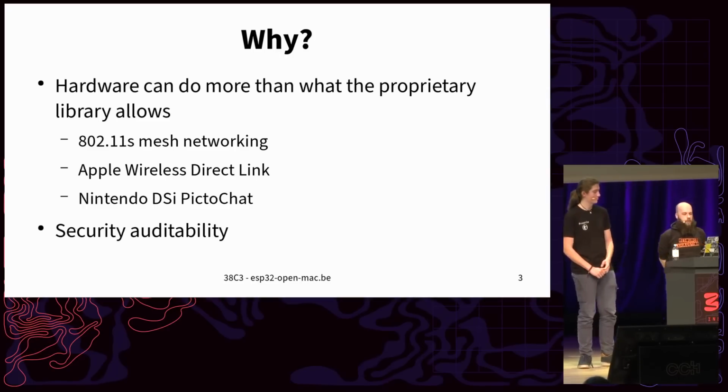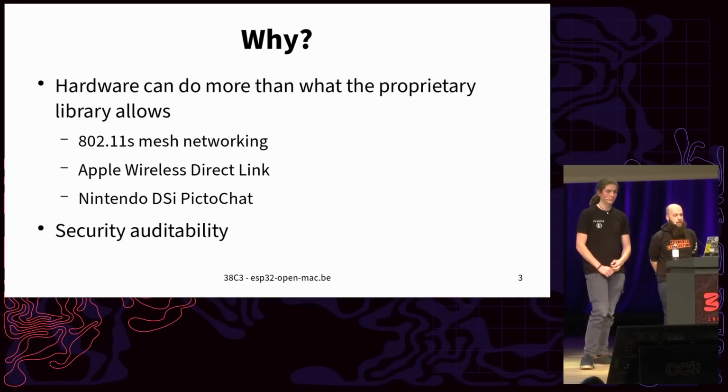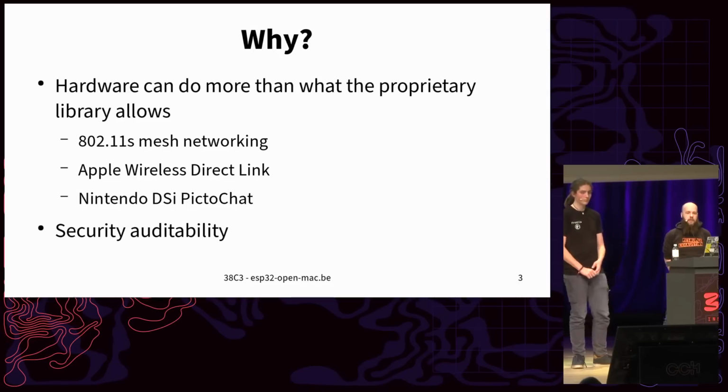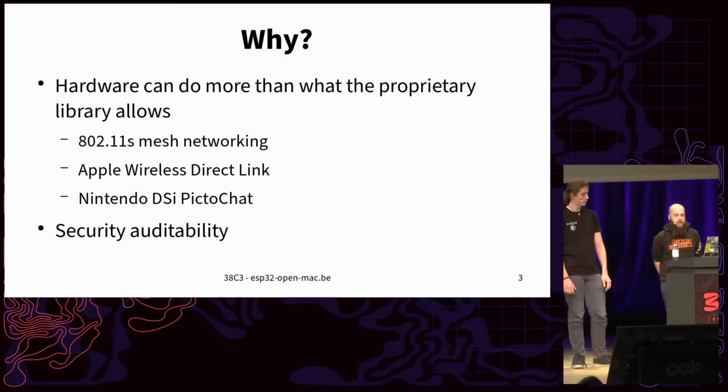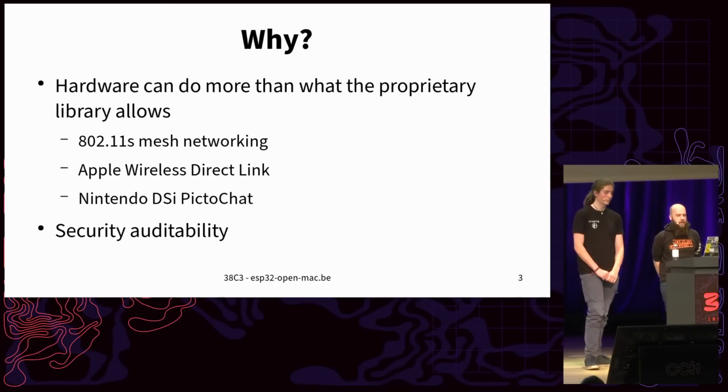So we can do proper 802.11s mesh networking, but the SDK does not have that. Simon here is also working on implementing Apple Wireless Direct Link, and someone even recently joined the chat and told us they are working on reverse engineering the Nintendo DSi PictoChat implementation, which is pretty funny using the ESP32. And then another reason, security auditability.